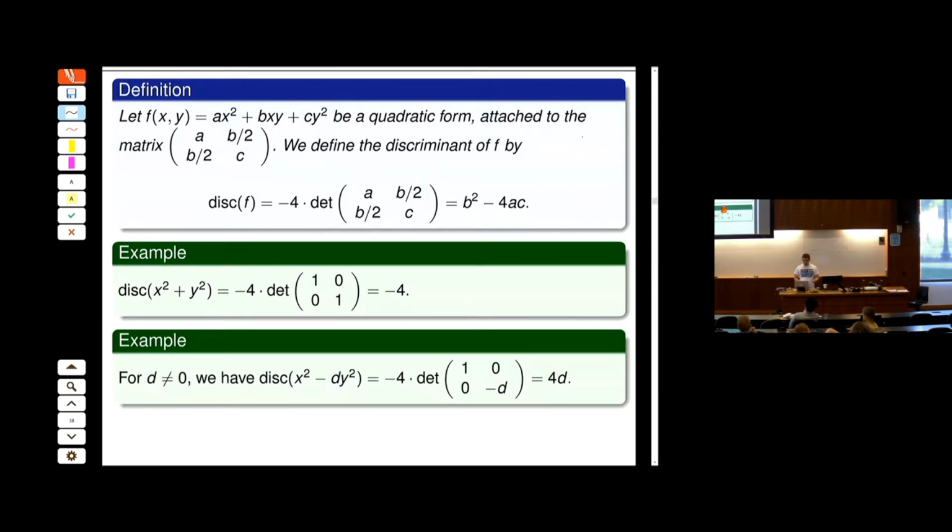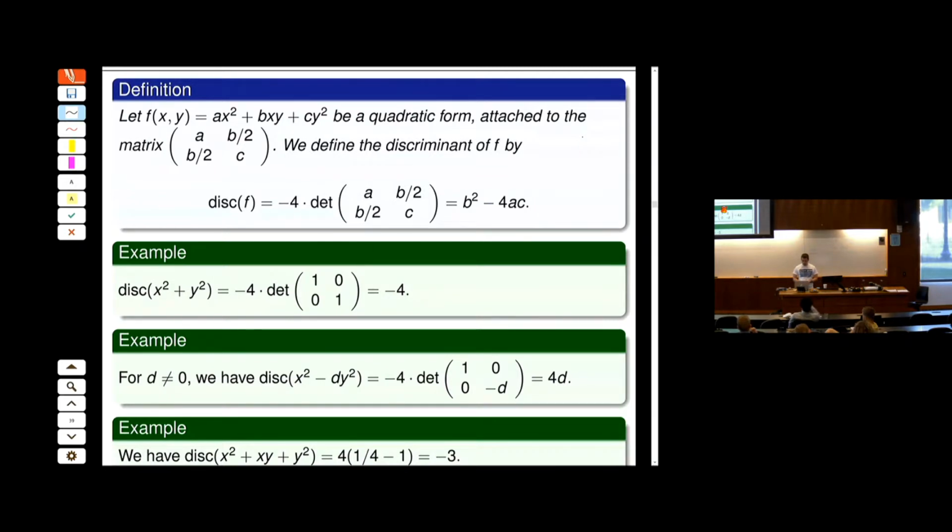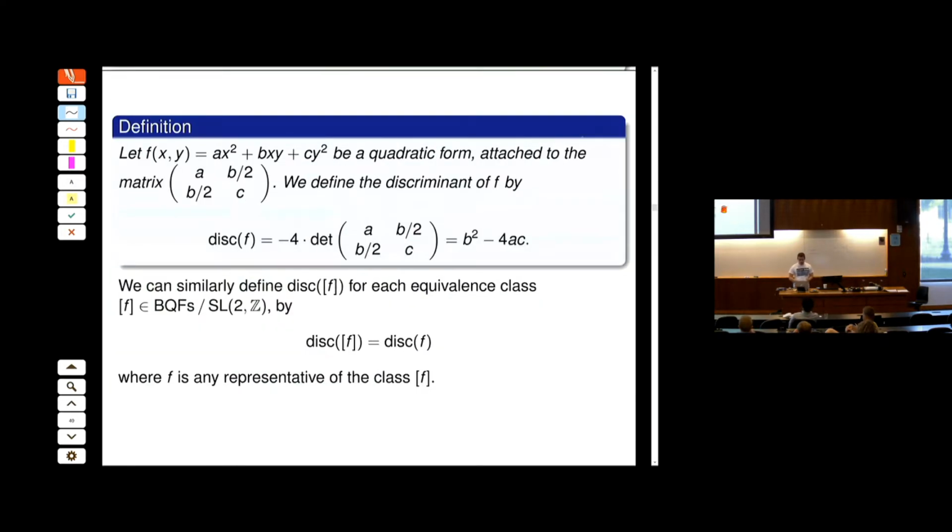And if you have a non-zero d, then the discriminant of x squared minus dy squared is 4d. And if you have, for instance, x squared plus xy plus y squared, that corresponds to the matrix 1, 1 half, 1 half, 1, and the discriminant will be minus 3.